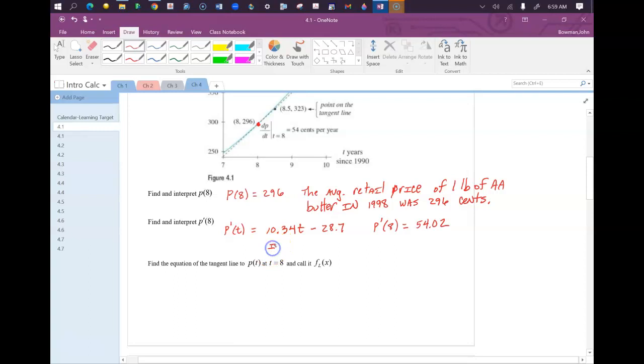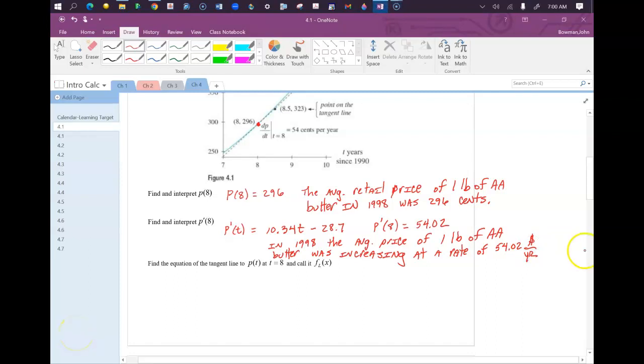So in 1998, the average price of 1 pound of 2A butter was increasing at a rate of 54.02 cents per year.